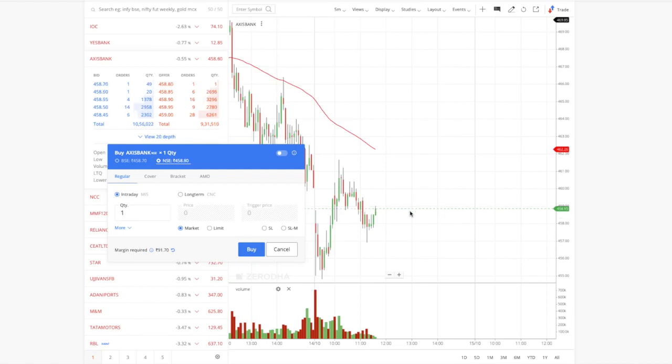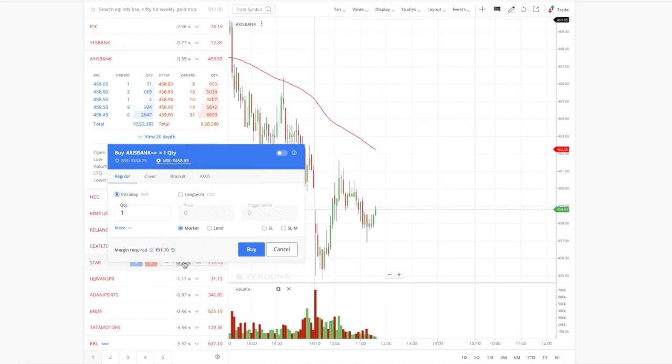That is, I'm getting a leverage of almost 5 times, because 9 fives are 45, so 450.